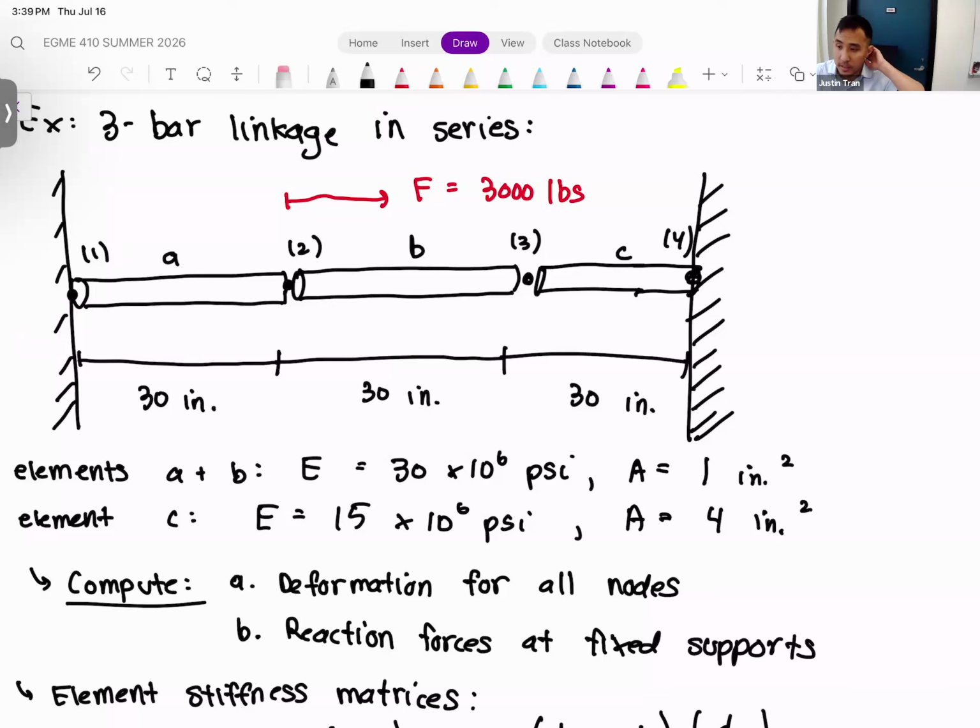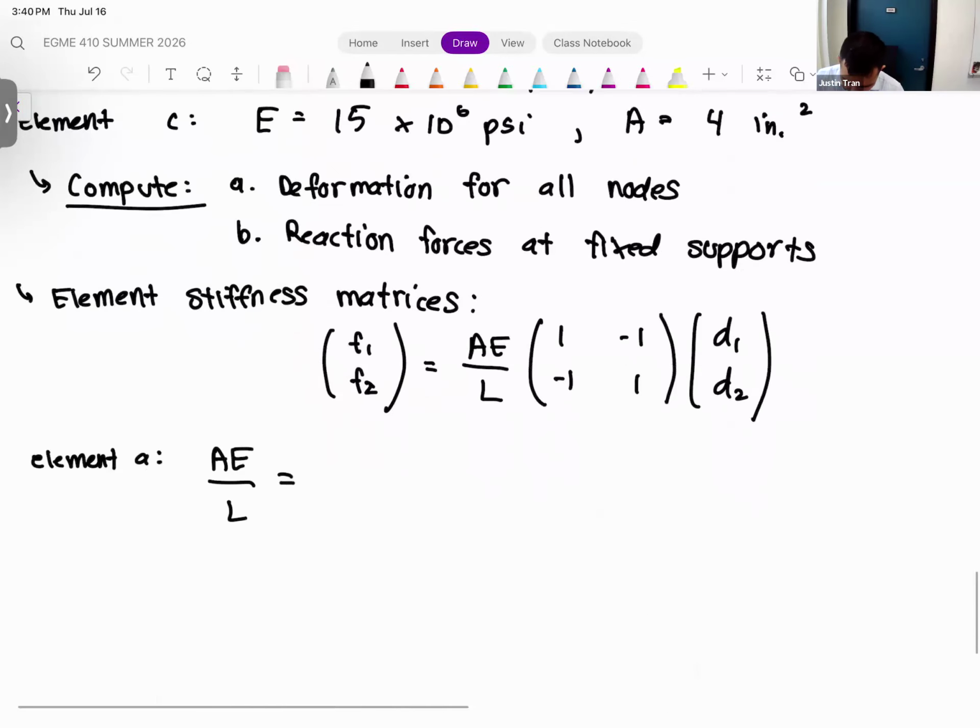Thankfully, everything here is consistent because all the lengths are in inches. But just be aware, sometimes when you're given a length in English units, it's given in feet, so make sure you convert that to inches if you need to. For the first element, we have 30 times 10 to the 6 times 1 divided by 30, and so AE over L should just be 10 to the 6th.